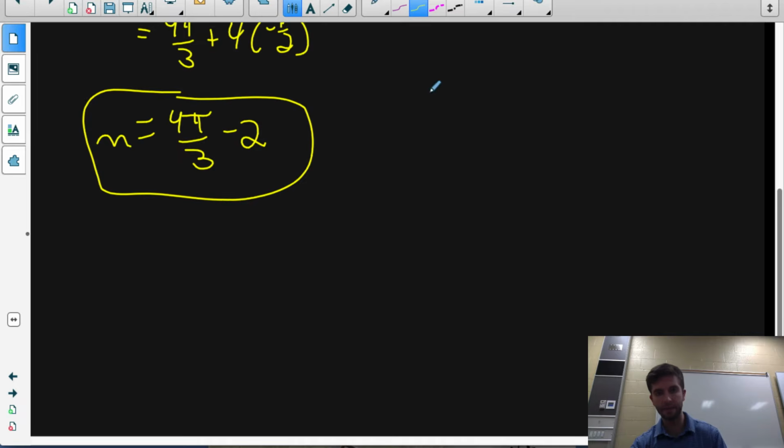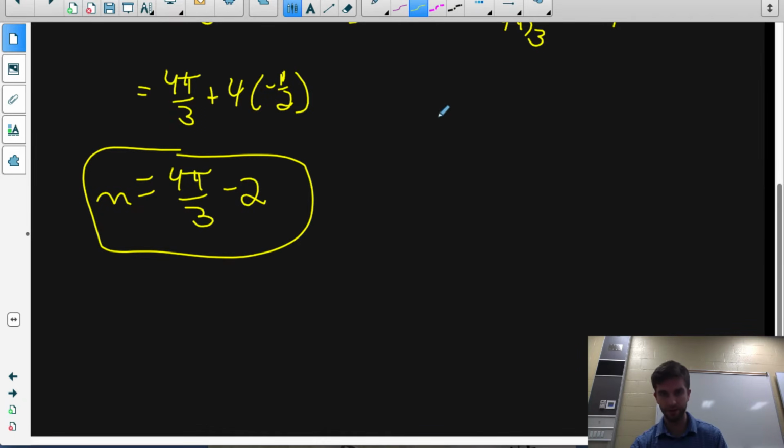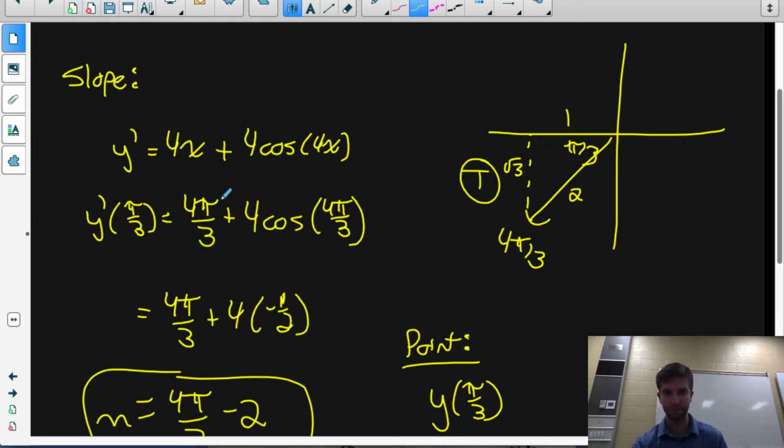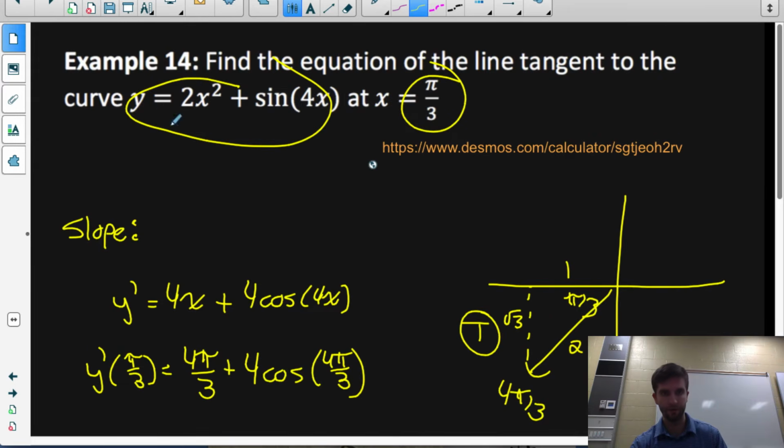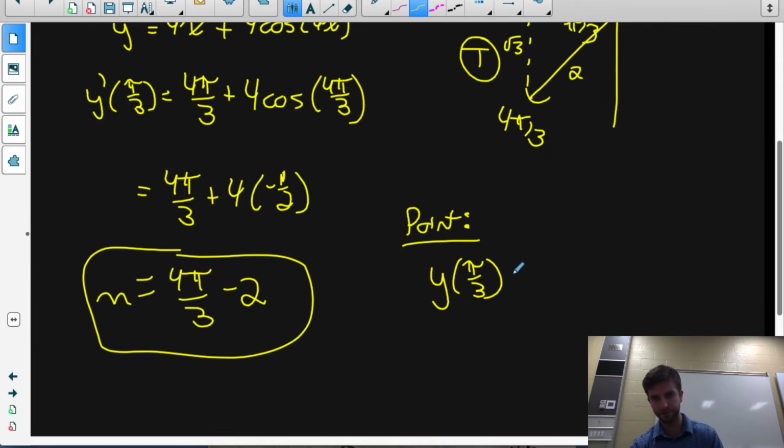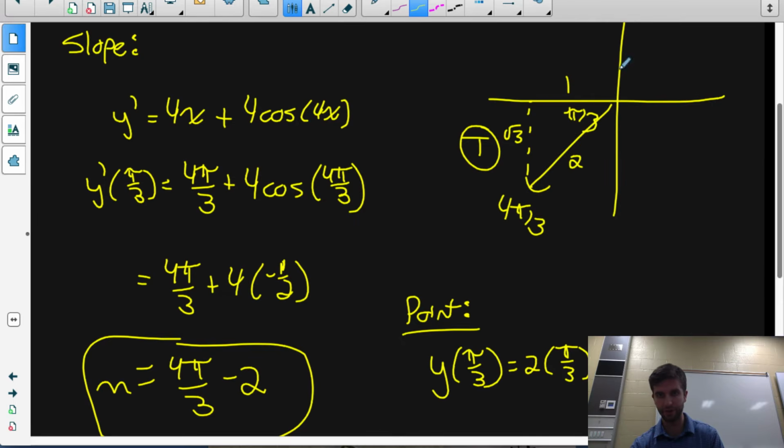I now need a point on the line, because in order to solve for the y-intercept of my tangent line, I'm going to need to be able to plug in for x and y. So let's start by finding a point on the tangent line by plugging in pi over 3 to the original function, because I know the tangent line touches the original function at pi over 3. So plug pi over 3 into this function. So 2 times pi over 3 squared plus sine of 4 pi over 3. And I can get sine of 4 pi over 3 from this special triangle as well.